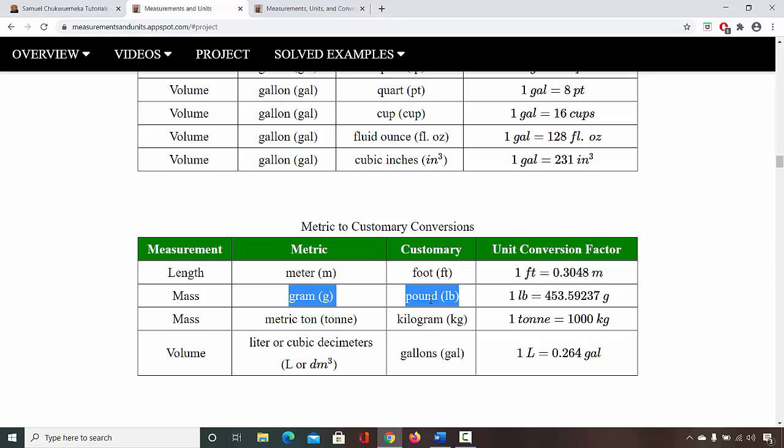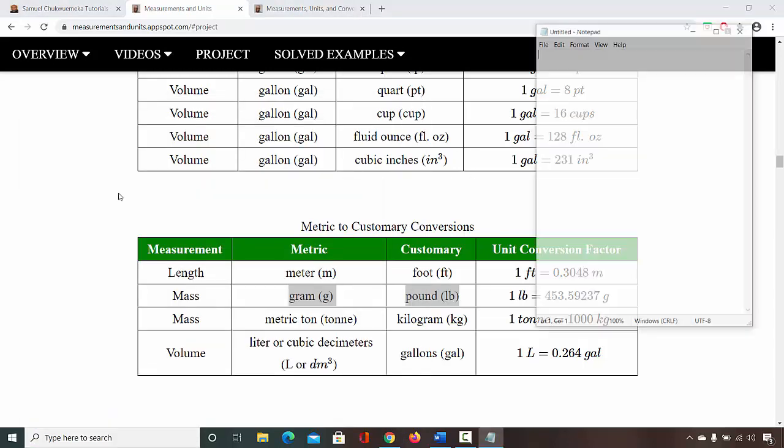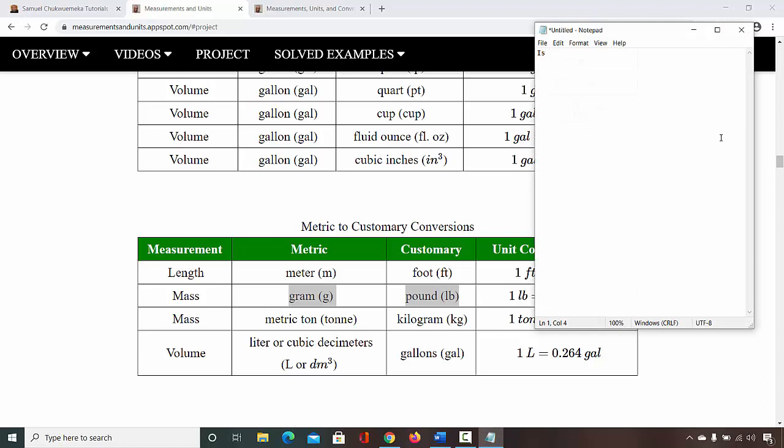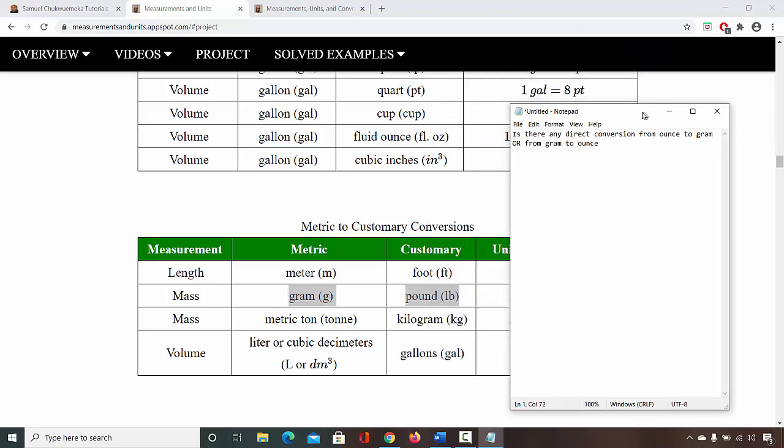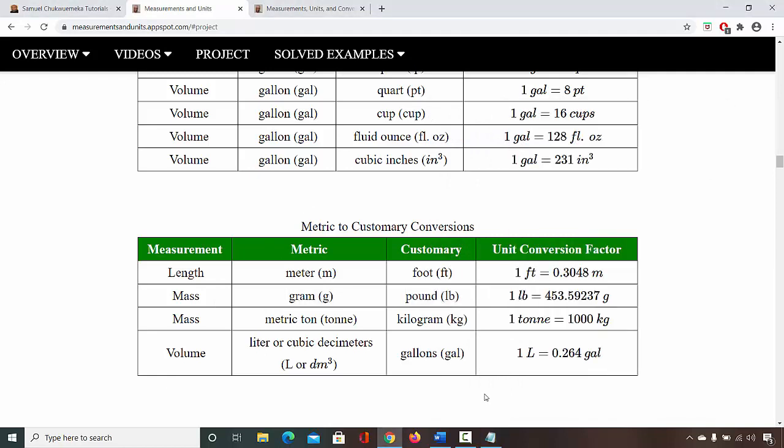So look at it here. The first question you ask them is, is there any direct conversion from ounce to gram or from gram to ounce? Based on the table you gave them, there is none.